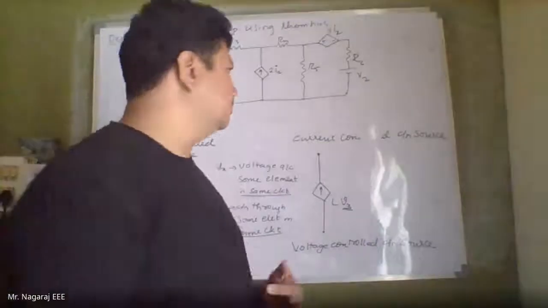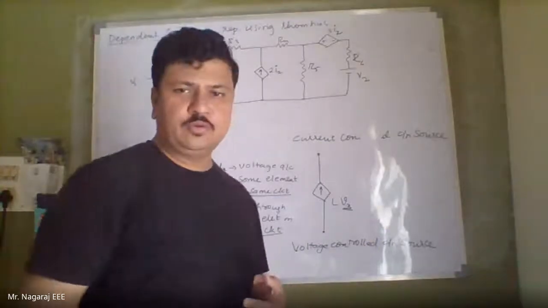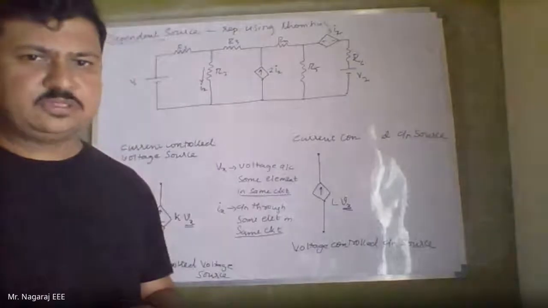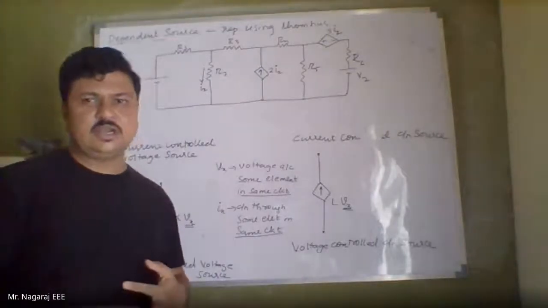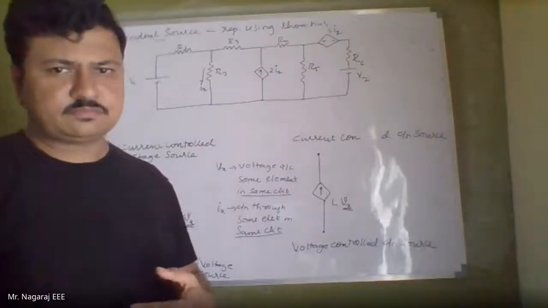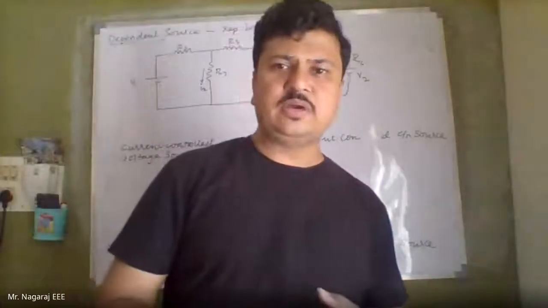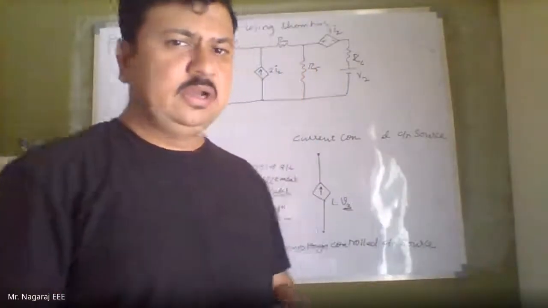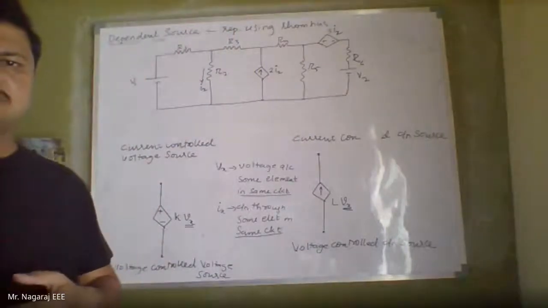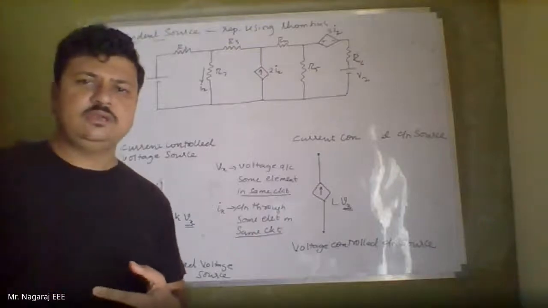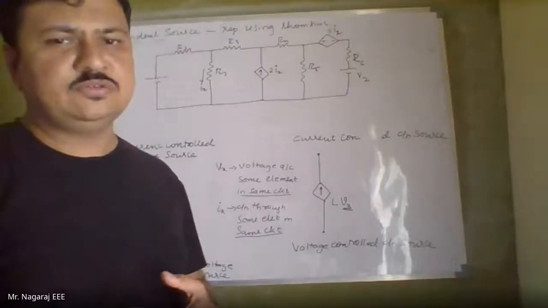Okay, so in the next class we'll look into that. And if possible, the conversion of resistance connections, star delta conversion. These two things we will look at in the next class, and after that we will solve a few numericals on this, and then we'll move to mesh analysis and node analysis using KVL.